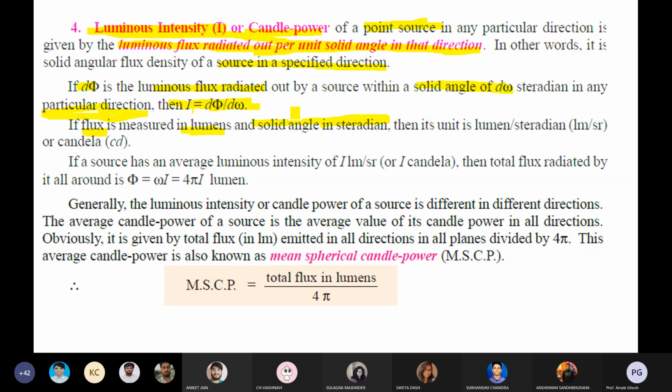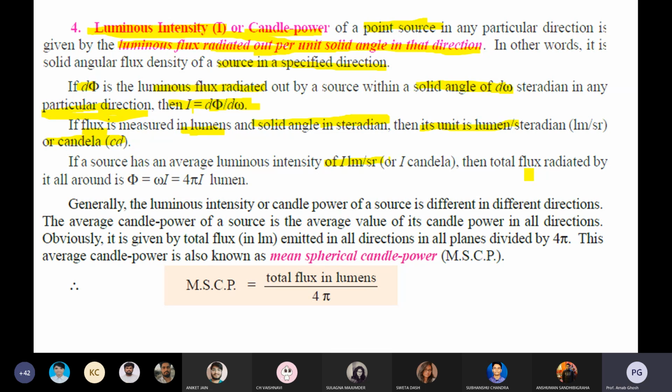So the intensity comes in lumen per steradian, lumen per SR, which is also known as candela.